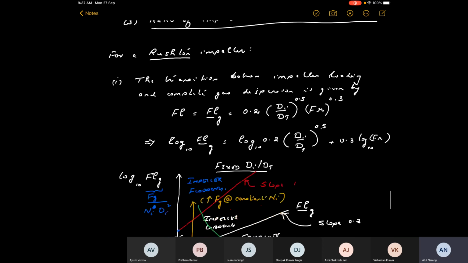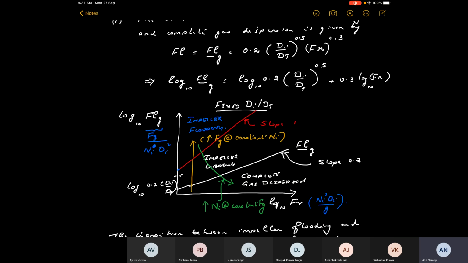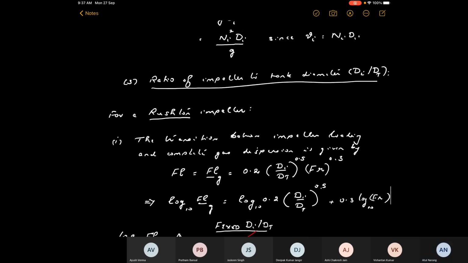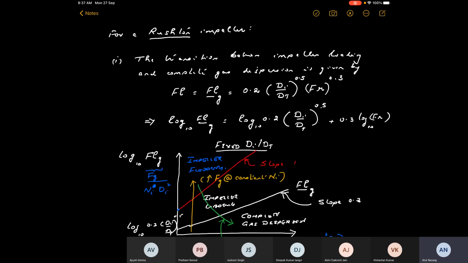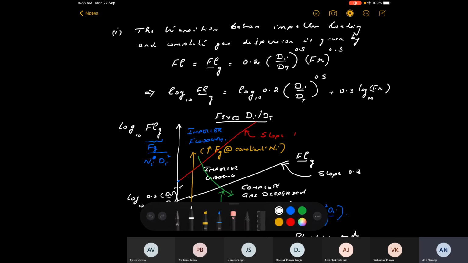Now, the way to assess whether you have flooding, loading, or gas dispersion is given by two formulas. The two formulas actually define the two boundaries. It is shown graphically over here.